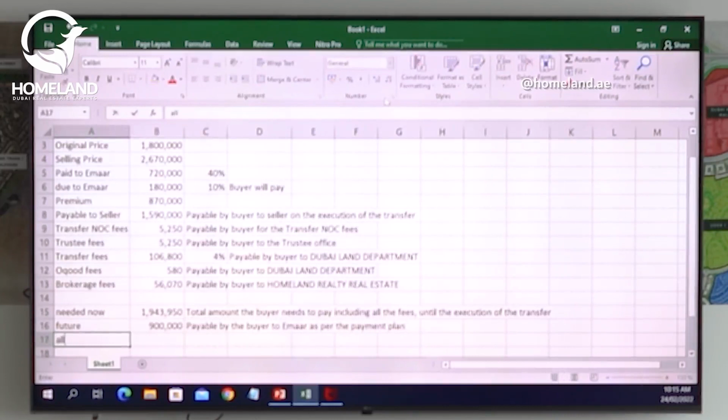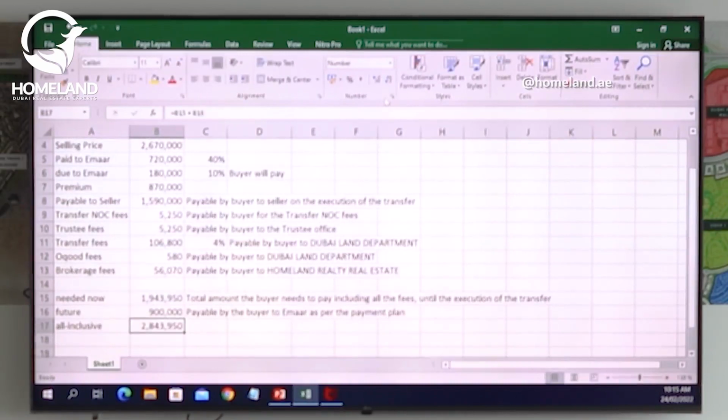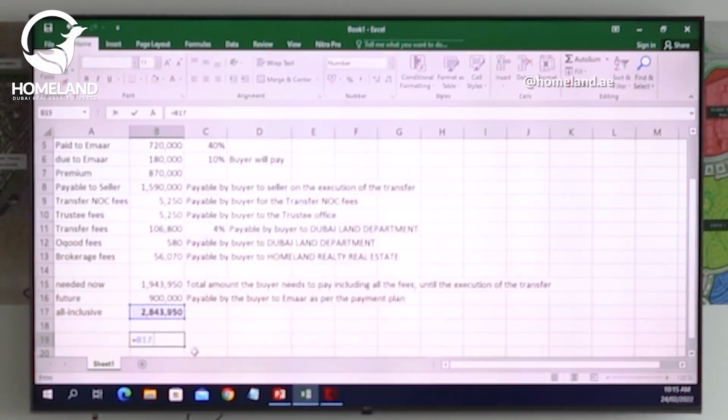So all-inclusive will be how much? 1.9 plus 900,000, so in total he is buying at 2.8. Now compare this to this. In fact, he is paying this much extra. This minus that one.